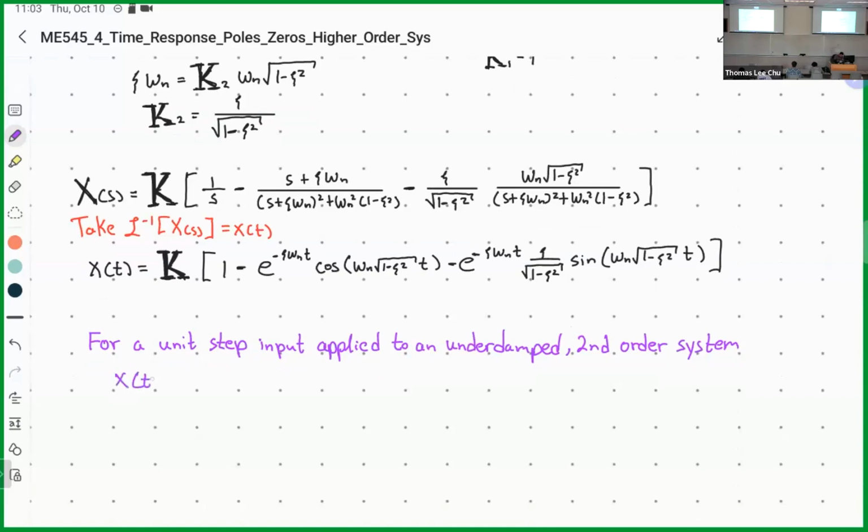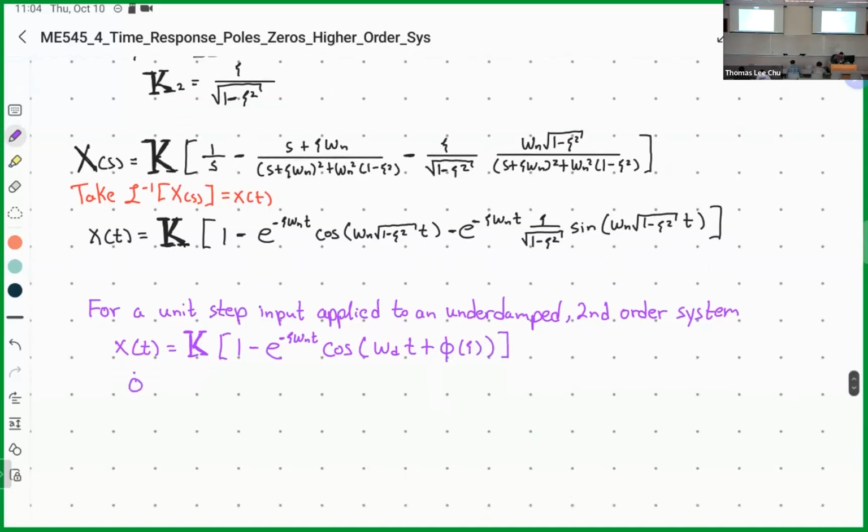X of t is equal to some constant k multiplied by 1 minus e to the negative zeta omega n t times cosine of your damped frequency multiplied by t, plus b as a function of zeta, and I'll define that.